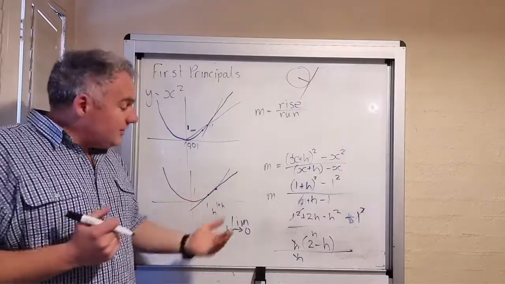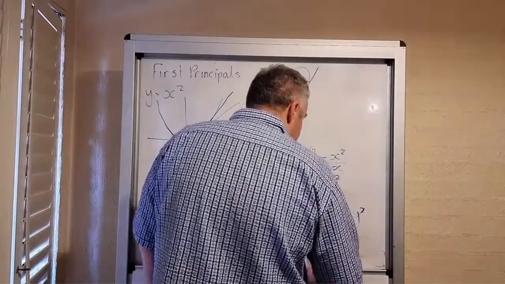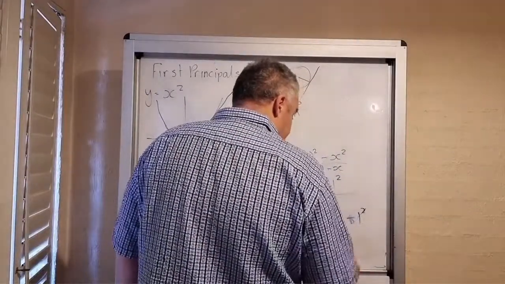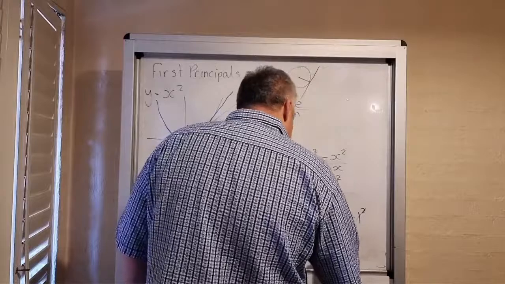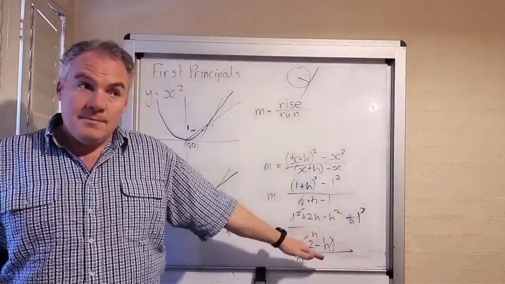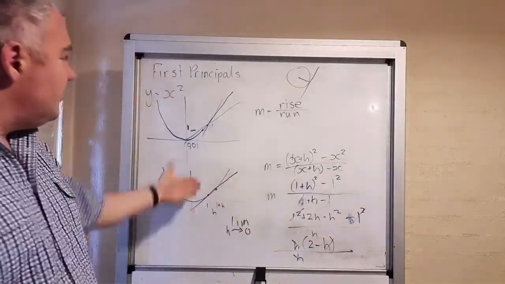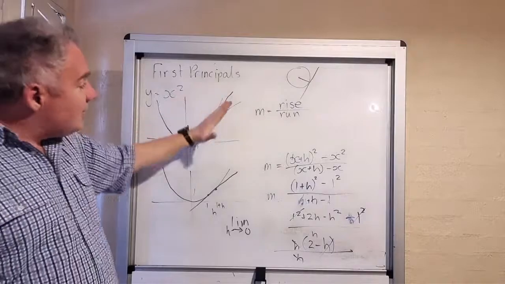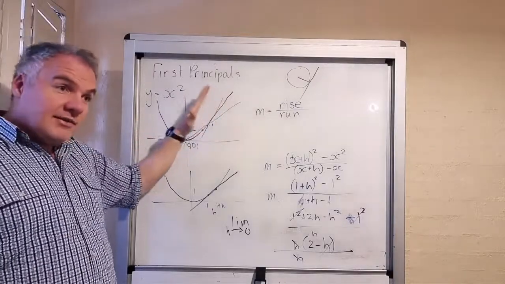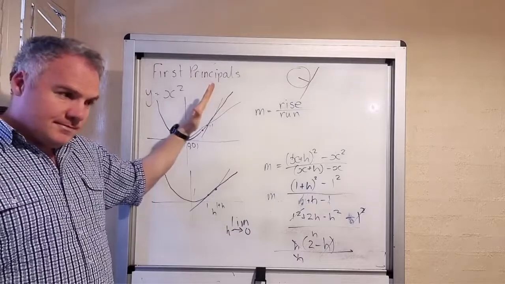And if we do that, as h approaches 0, we're left with just 2. Okay? So on this function, x squared, I can say that the instantaneous rate of change of that is 2.